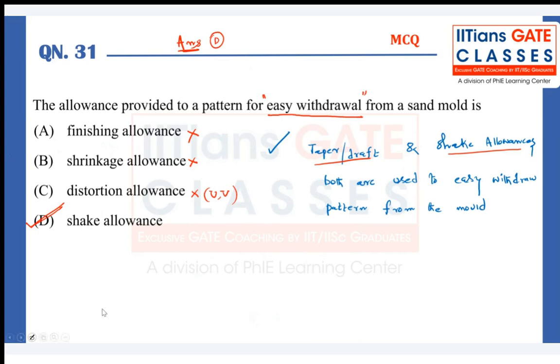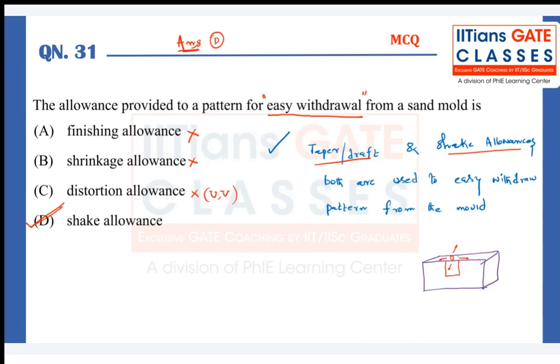Now I will draw a simple diagram in order to elaborate the question clearly. This is a mold that you have prepared. Now let me draw the pattern as well. This will be your pattern. Shake means you have to shake this side and this side, left and right, forward and backward.